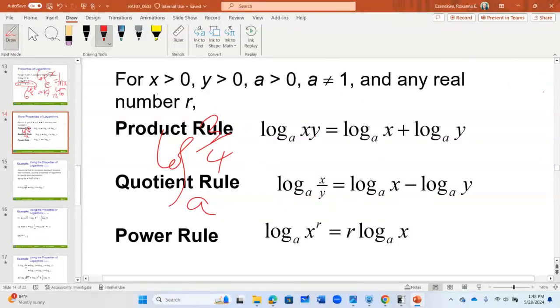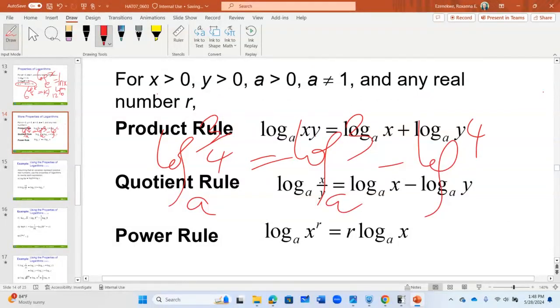The quotient rule means division in logarithm. The rules of logarithm say that if you are dividing, you subtract. So I will say log of 3 to base A minus log of 4 to base A. I can rewrite it like that. We're going to see some questions now.